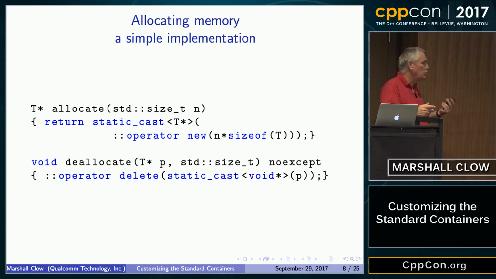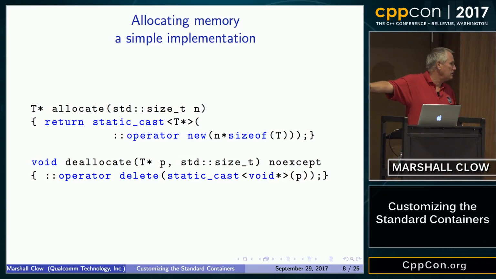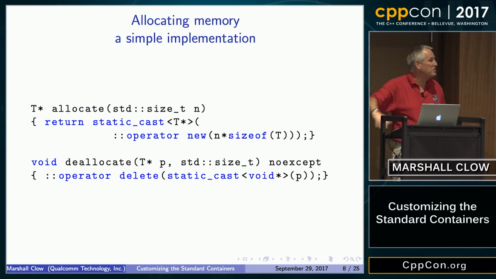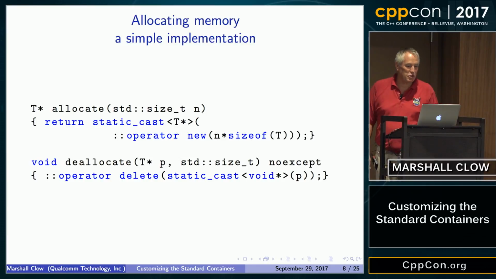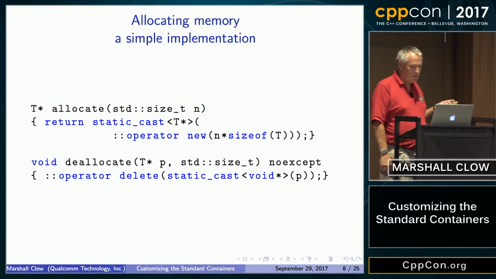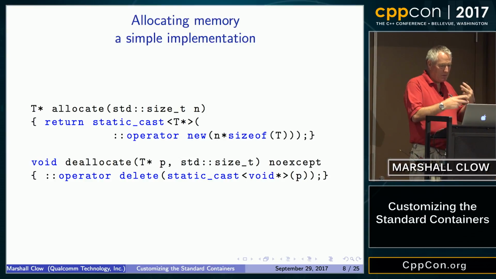You could, in fact, if you had a stack trace utility, as in the talk yesterday or this morning about stack tracing, look down the stack in your allocate and figure out where it's being called from, but that may be more work than you want to do. Anyway, the big thing here is separation of concerns, allocation versus construction.